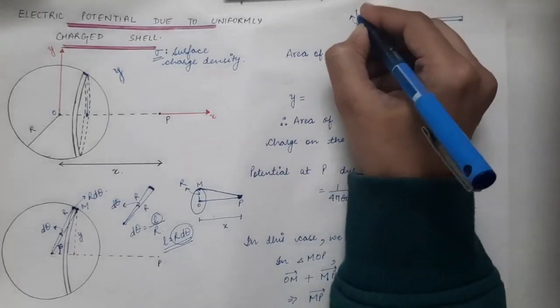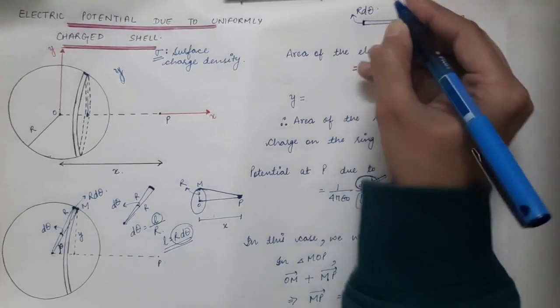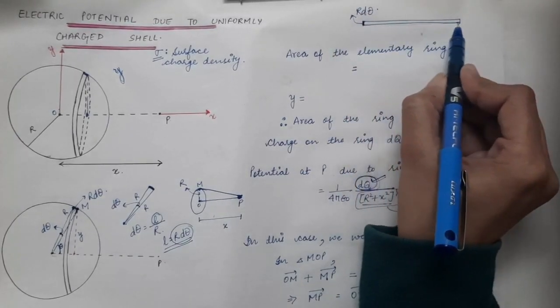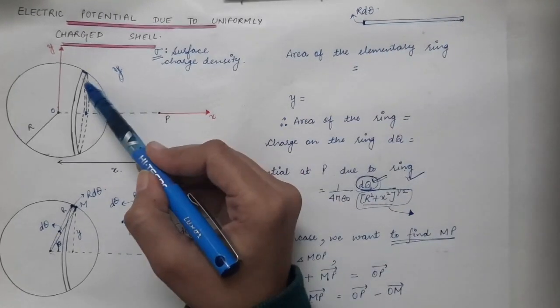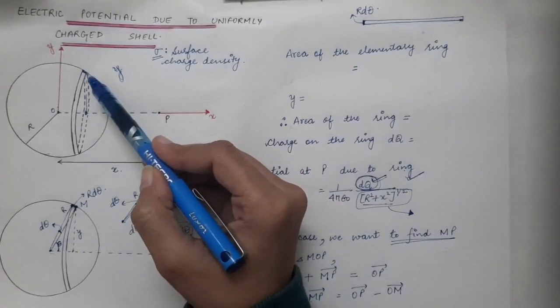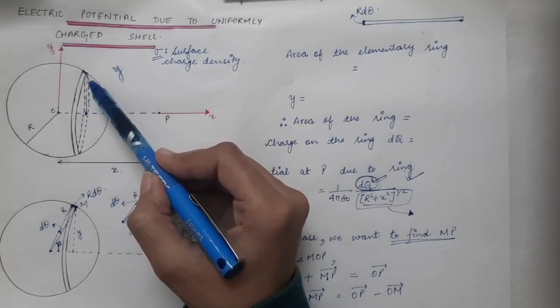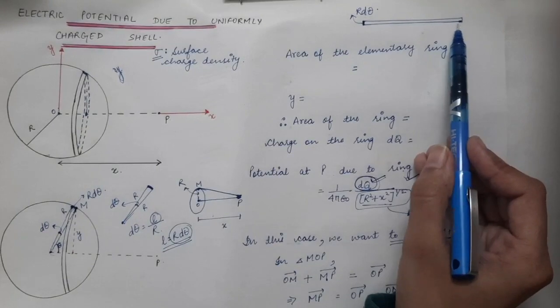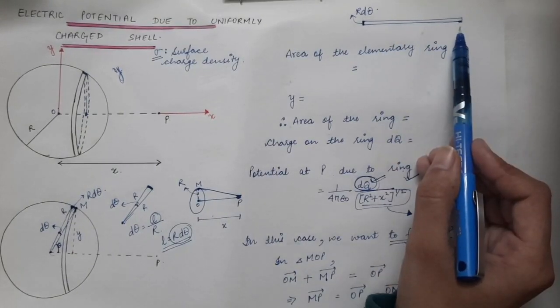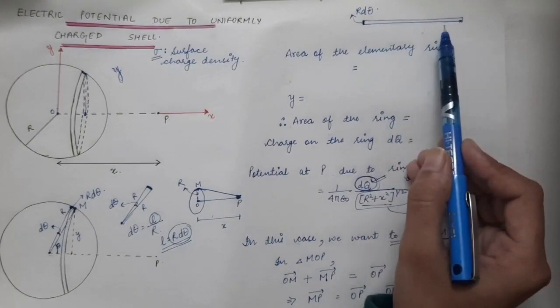It is equal to r d theta, and the whole length of this rectangle will be equivalent to the circumference of the ring. We have just cut this elementary ring from one point, and then we have stretched, or you can say elongated, the ring.